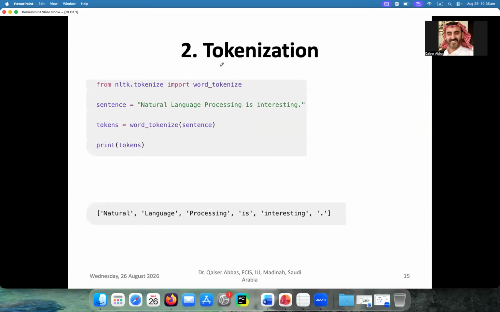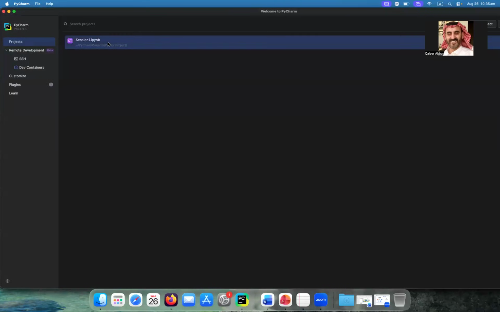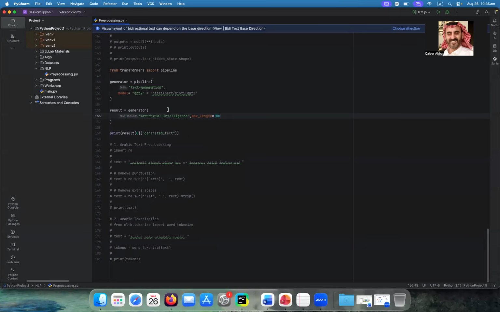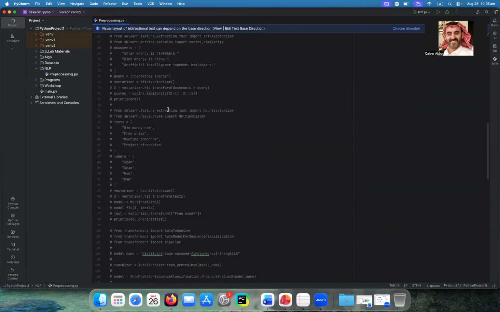Next, tokenization: how you can split a sentence into words. It would be good if you open your laptops and try it on Google Colab. I can also go on with PyCharm here. I have done that already, and this is the code on one page up to now.